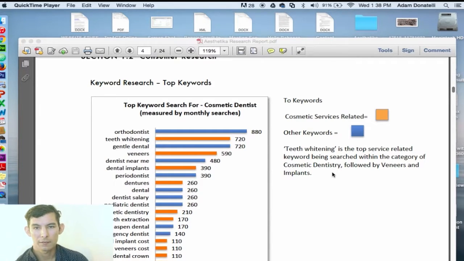So in this case, obviously it's cosmetic dentistry. So in this report, usually in general, there's around 900 keywords that are generated out of these reports.